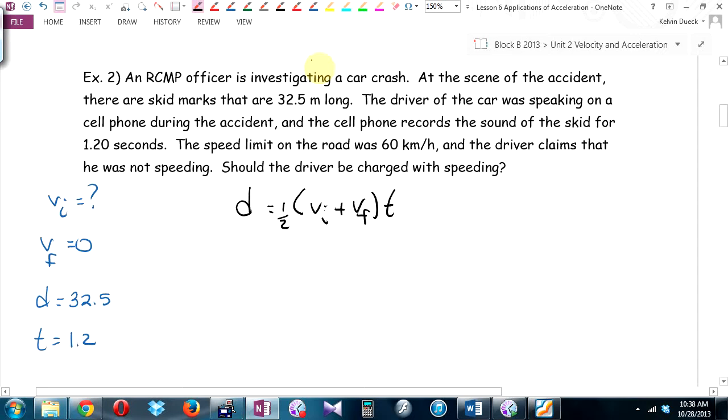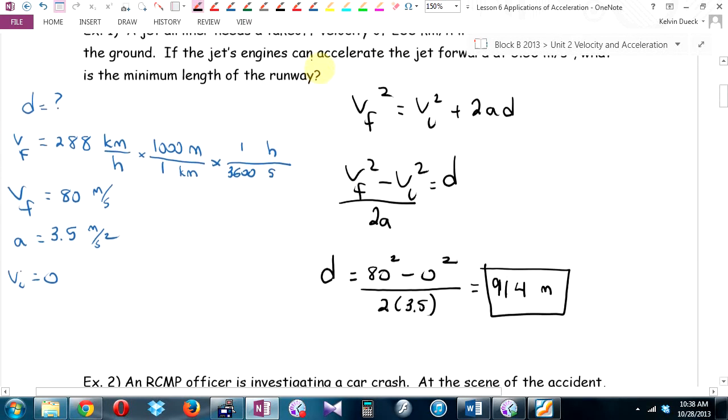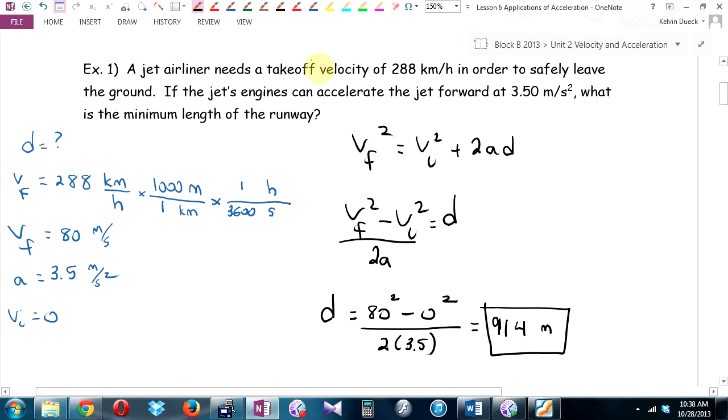Okay. What are we trying to find? VI. Let's get it by itself. By the way, are any of these 0? Yeah, VF. Okay, we could probably cancel out VF. In fact, really, Olivia, because VI was 0 last time, I probably could have gone, if I'd really been thinking about it. I didn't, but I could have.